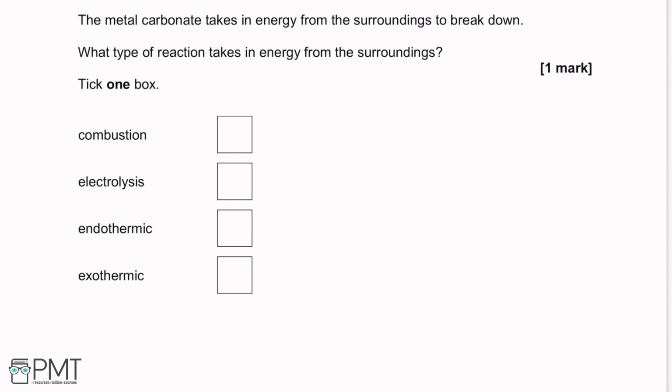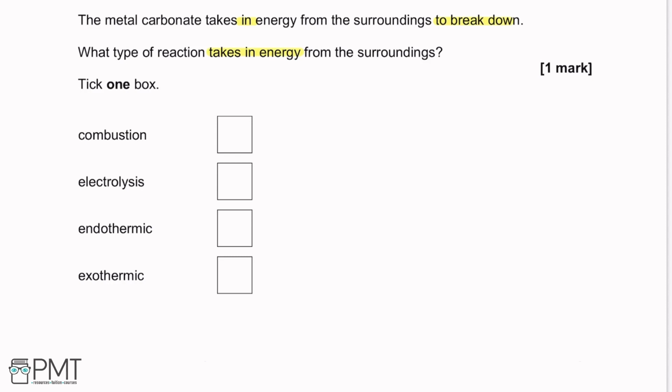The metal carbonate takes in energy from the surroundings to break down. What type of reaction takes in energy from the surroundings? So we need to tick 1 box for 1 mark, and our options are combustion, electrolysis, endothermic or exothermic. So let's work through these one by one. So combustion. Let's think about combustion as when we burn something in oxygen.